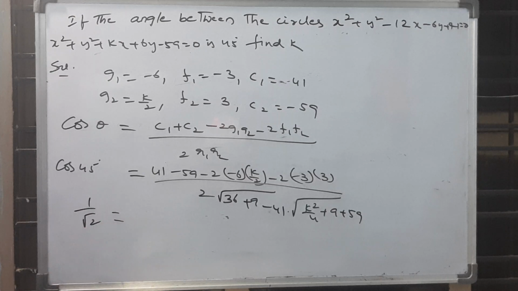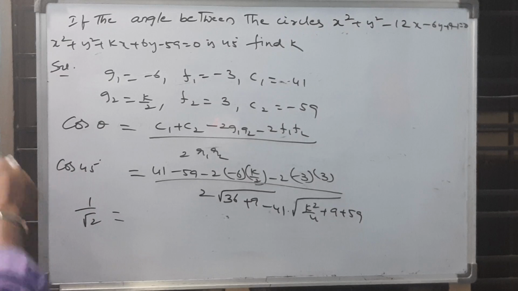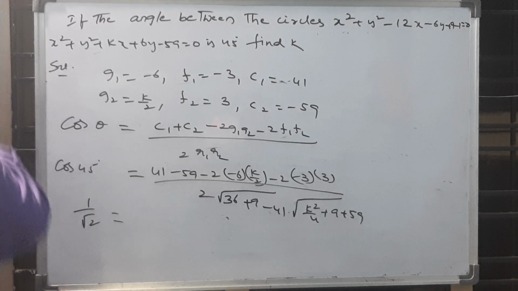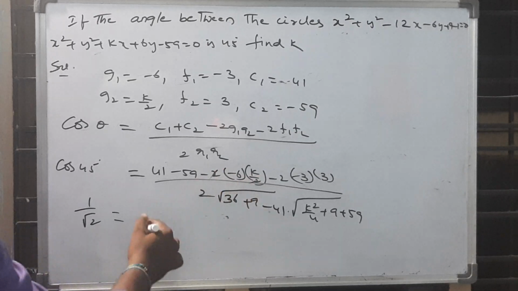1 by root 2 is equal to 41 minus 59 minus of 3 3s are 9, 9 2s are 18, plus 18. 41 plus 18 is 59, so 59 and 59 get cancelled. Remaining 2, here also 2 gets cancelled.